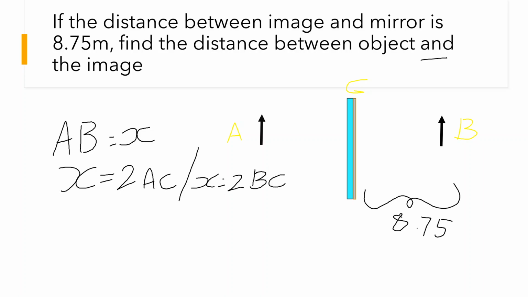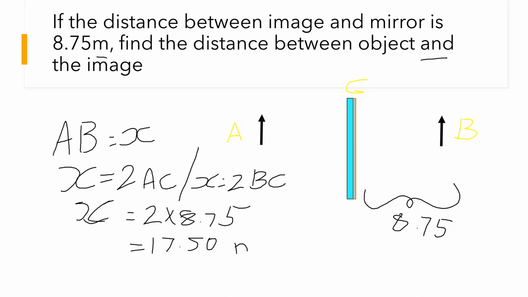So what is 2 times of BC? 2 times of 8.75. X is equal to 2 into 8.75, so this will be equal to 17.50. What are the units? They give units as meter. So meter. We got it.